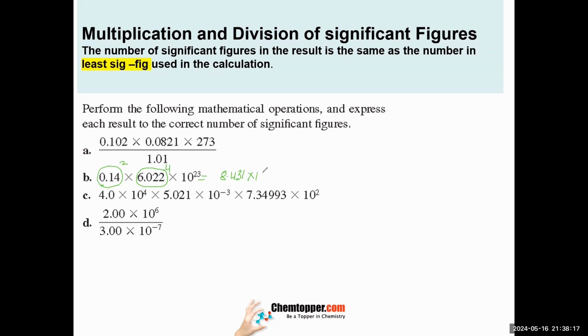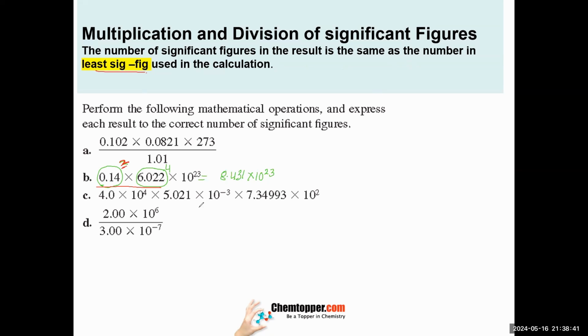The final answer after doing multiplication is 8.431 times 10 raised to power 23. But according to the multiplication and division significant figures rule, I have to express my answer in the least significant figures of the measurements. That is 2 here. 2 is minimum.